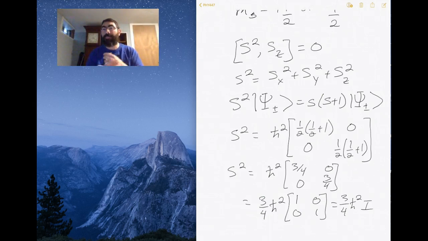So basically the takeaway is that when you operate with total spin squared, what you get for an eigenvalue is s times s plus 1, just like we got for the total angular momentum case.